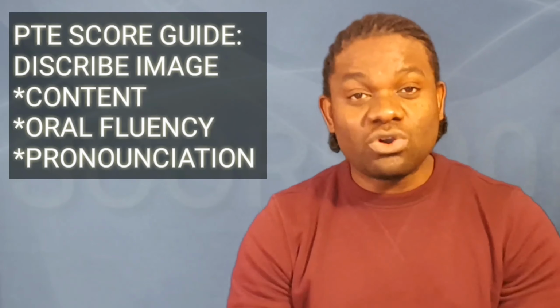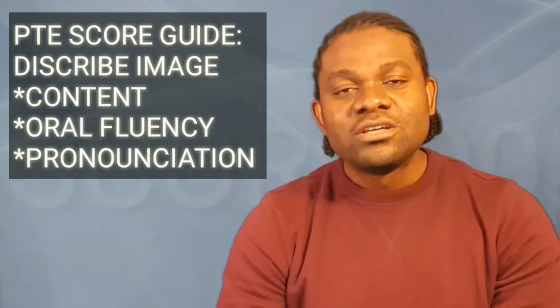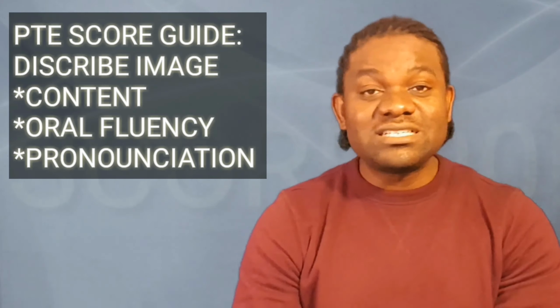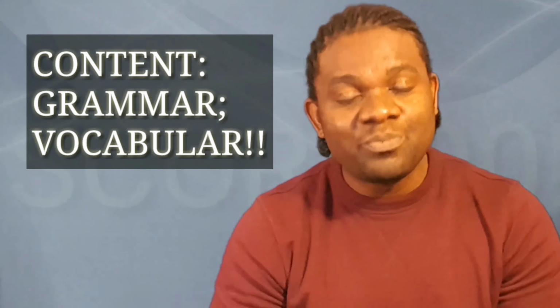Now, let's go to the scoring. For the scoring part, you are being scored for 3 things, and that's your content, your oral fluency, and pronunciation. So for the content, it consists of the grammar that you would use and the vocabulary, which are the words that you put in together to make your grammar. Why is the vocabulary important for this part?